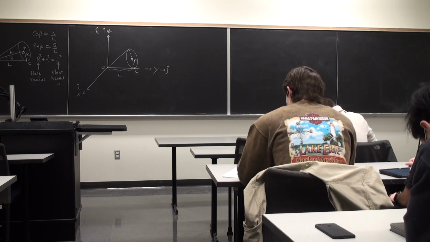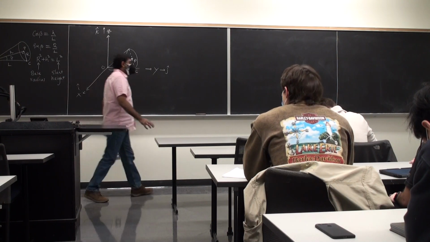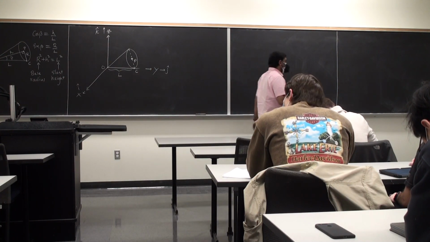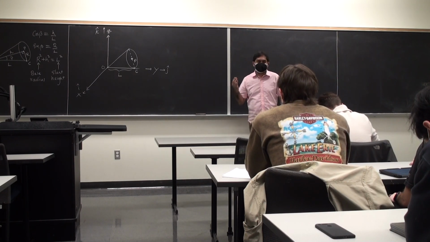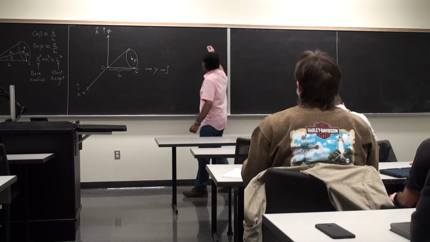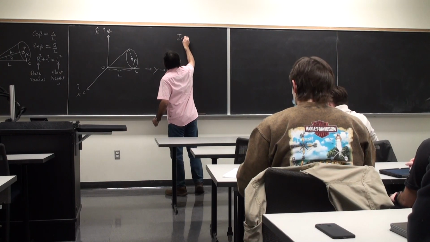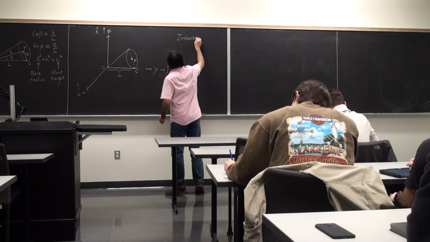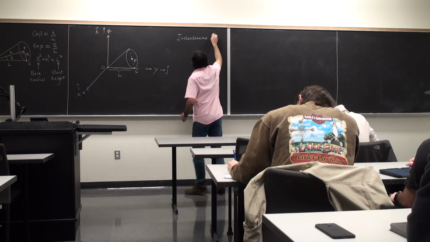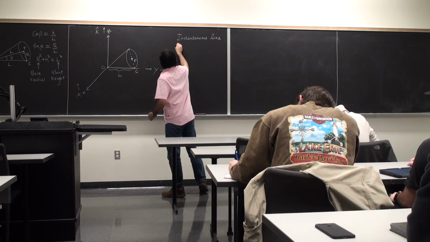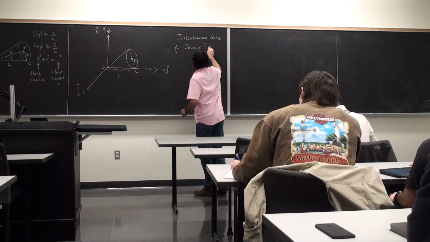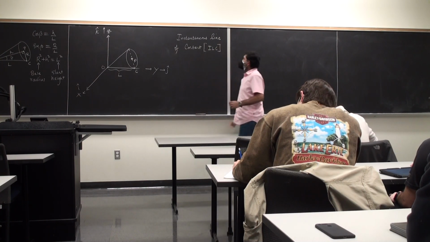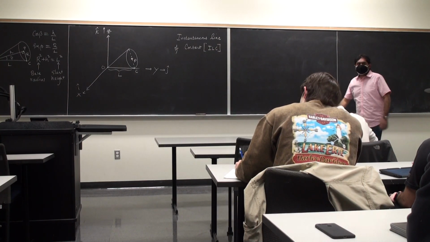We were told in this problem that the instantaneous line of contact is rotating about the z-axis at a rate of omega. You have heard about this instantaneous center of rotation, right?